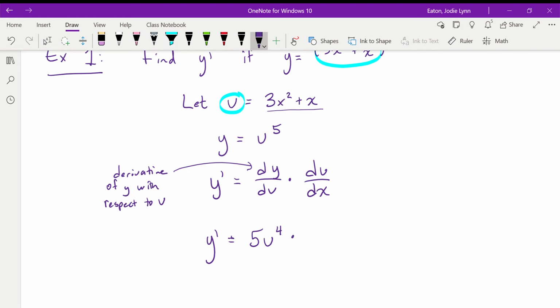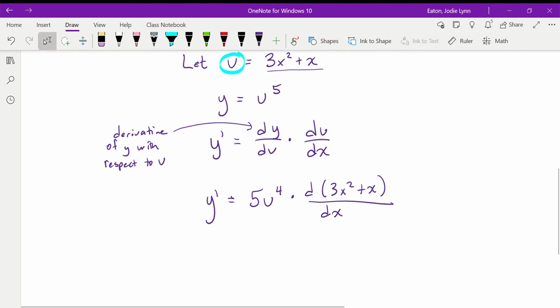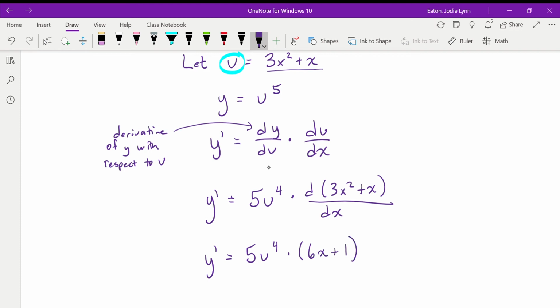Okay, so du/dx is going to be the derivative of 3x squared plus x with respect to x. Okay, so here we're treating x as the variable. So we get y prime is 5u to the fourth times the derivative here, which is (6x plus 1). Notice I'm putting it in brackets because we have to multiply by the whole derivative.